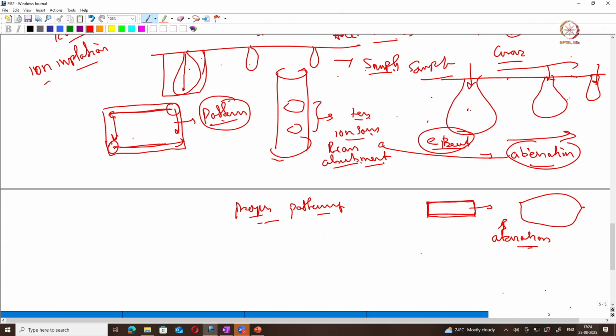So the first important point is the beam should be focused on the sample. If it is a defocused beam, you may get very unsharp edges. So if you want a rectangular cross section sputtering process, these edges will not be sharp. It might be bulged due to the unfocused ion beam.